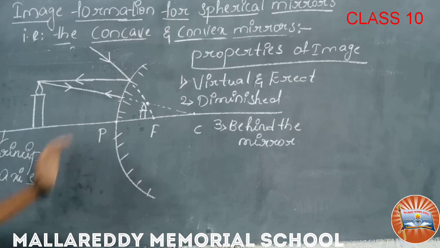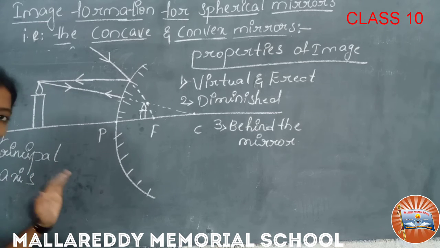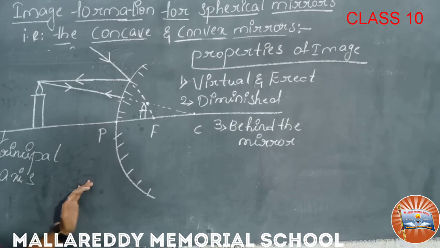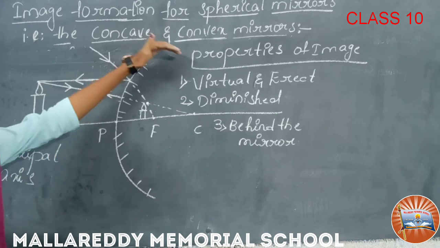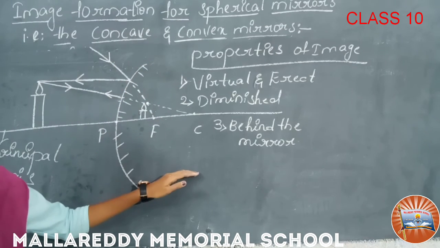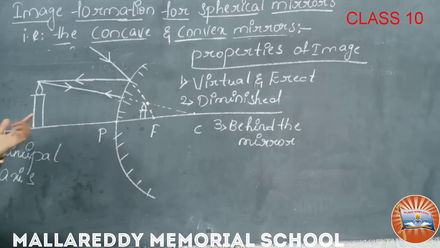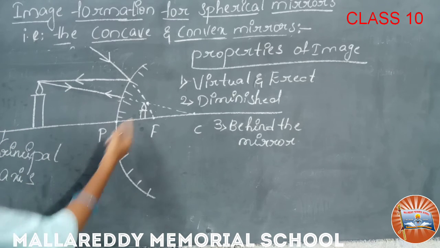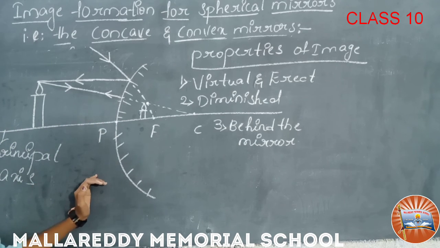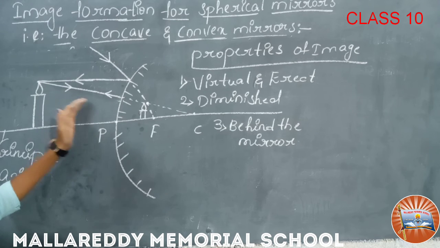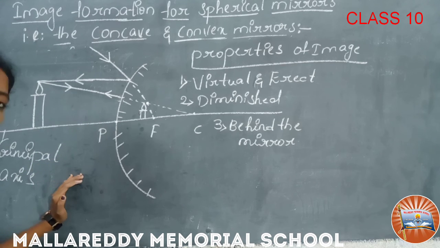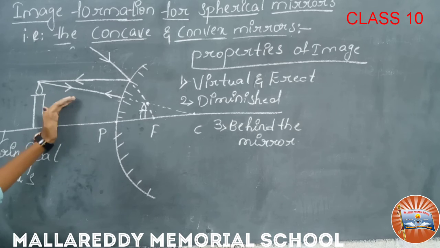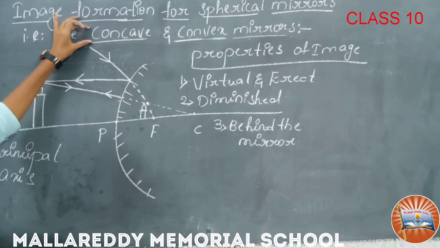When we observe the ray diagrams for the convex mirror, we always observe the same properties, because wherever we keep the object in front of the mirror, we will find this image only. This is not like a concave mirror.